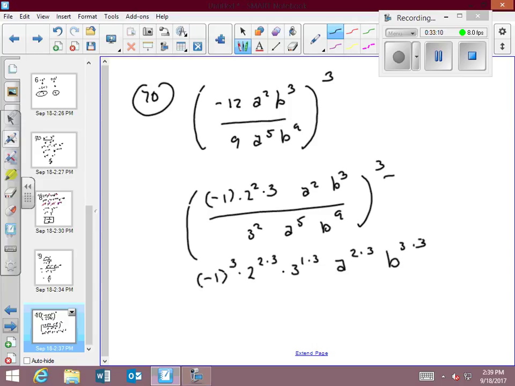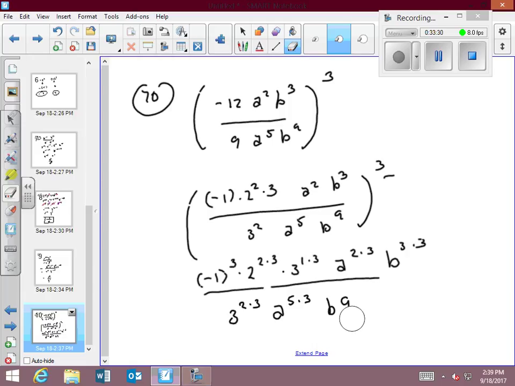That's the numerator, correct? The denominator is going to be 3 to the 2 times 3, a to the 5 times 3, b to the 9 times 3. Right?